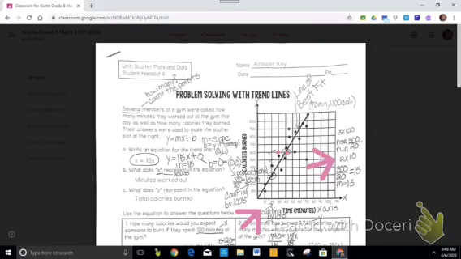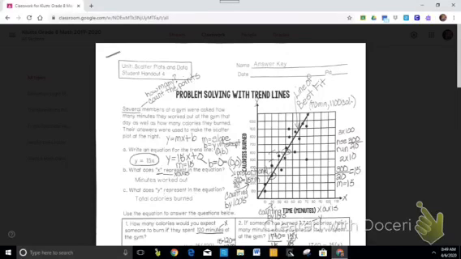So my rise is 300 and my run is 20, and 300 divided by 20 is 15. My slope is 15. What else could I have done to find my slope? Did you say subtract the y over x minus x of my 2 points?